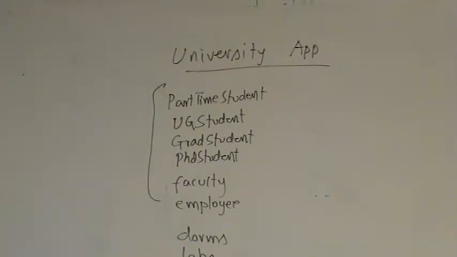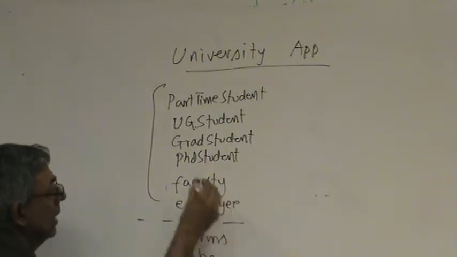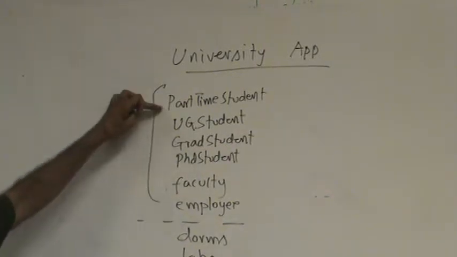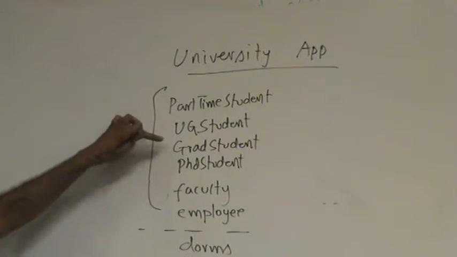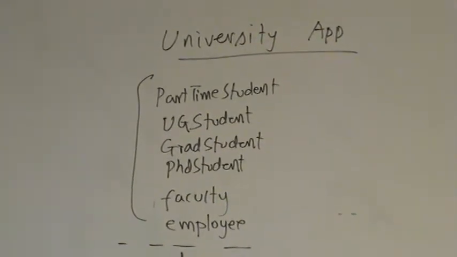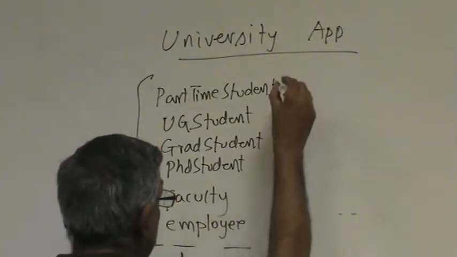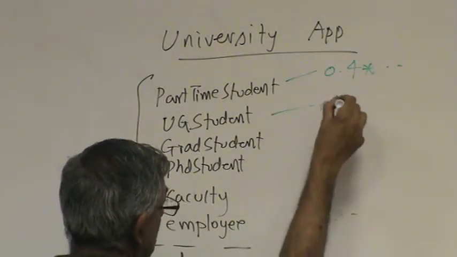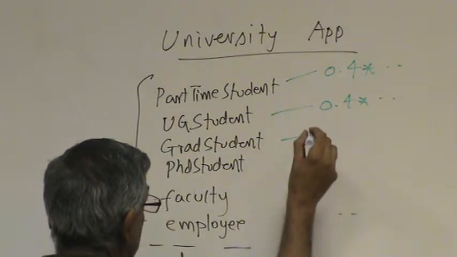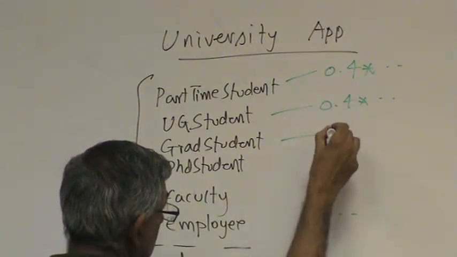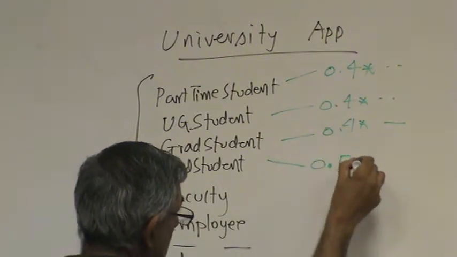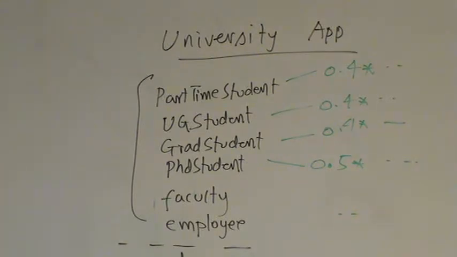So as I mentioned, if these are the real entities that you wanted to create in your application, you'll start creating classes for these. You'll create a class for part-time student, undergraduate student, grad student. For right now, let me assume this uses 0.4 times the formula for computing grade, 0.4 times, 0.4 times, let's say 0.5 times for a PhD student.